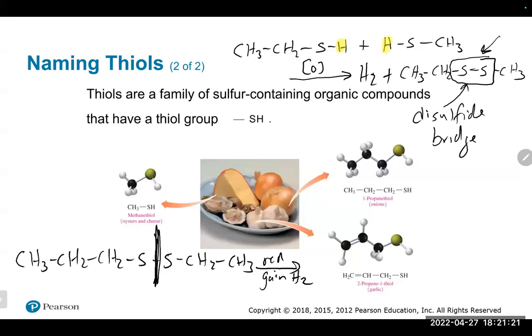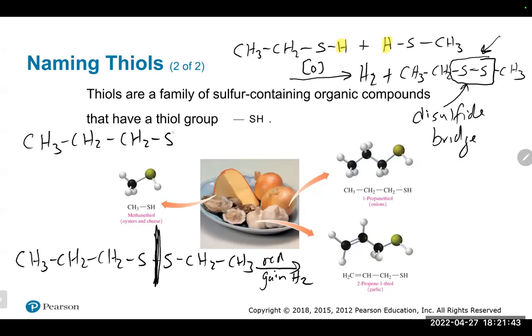And to draw what you end up with, I would again copy what is there. So I'm going to copy what's on the left. And since I'm running out of room, it's going to go above it. So on the left there, I have CH3, CH2, CH2, and S. That now is like one thiol, but it's missing one thing. It is missing a hydrogen, right?